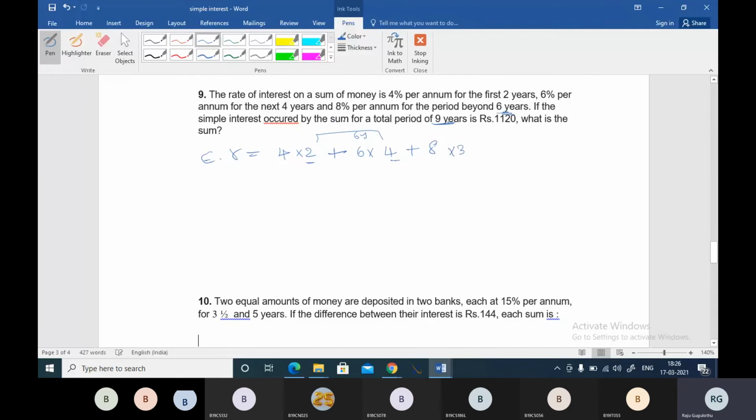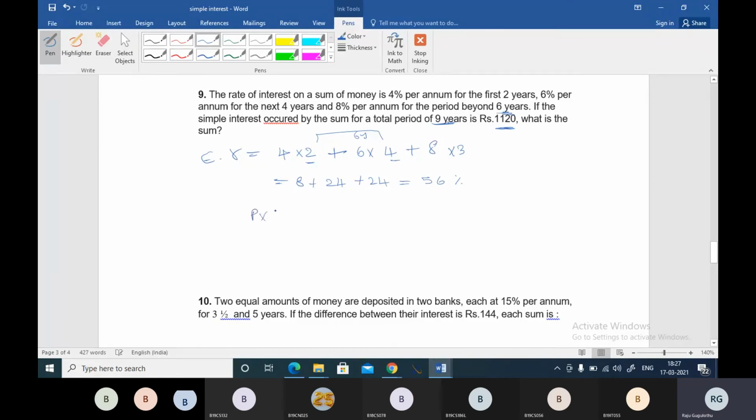The total simple interest for 9 years is 1120. So effective rate will be 4 twos are 8, plus 24, plus 24, boss. It's 48 plus 8, 56% is the effective rate, boss. This is the effective rate.